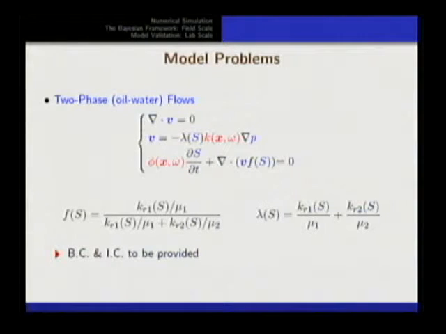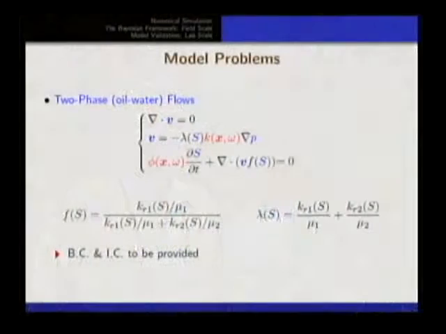F and lambda are written in terms of kr1 and kr2. These are the relative permeabilities of the fluids, say water and oil. And the typical situation is that you go to the lab and you perform an experiment. Piri is one of the best people in the world to construct these relative permeabilities. The situation is not so bad as has been indicated here.